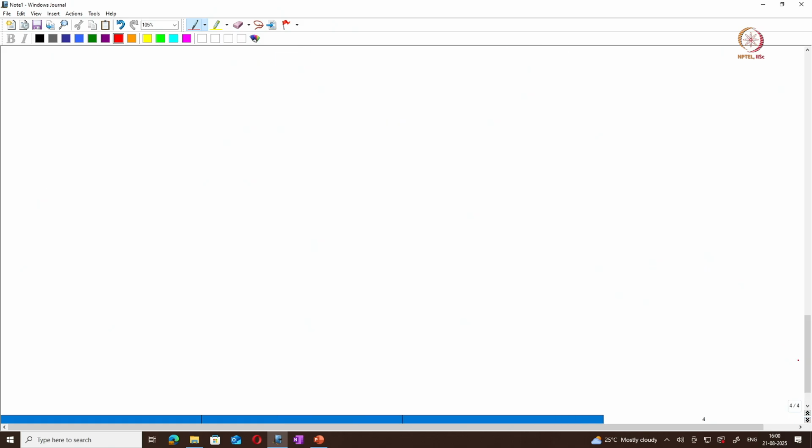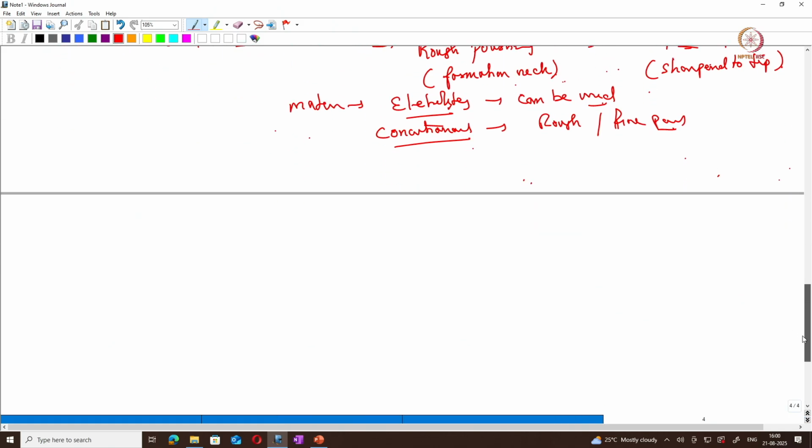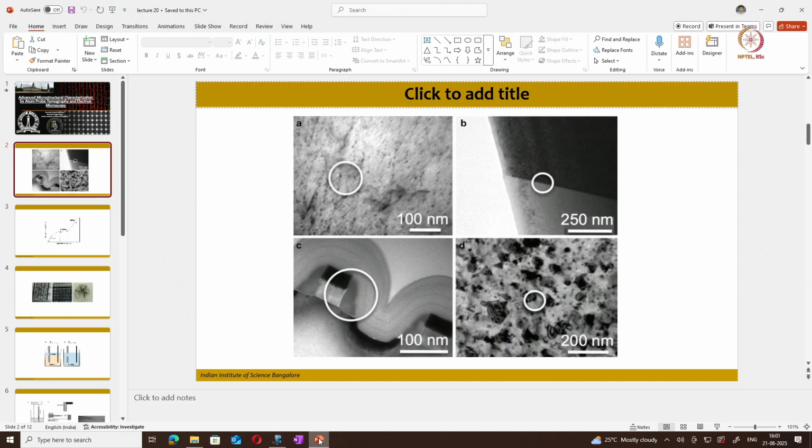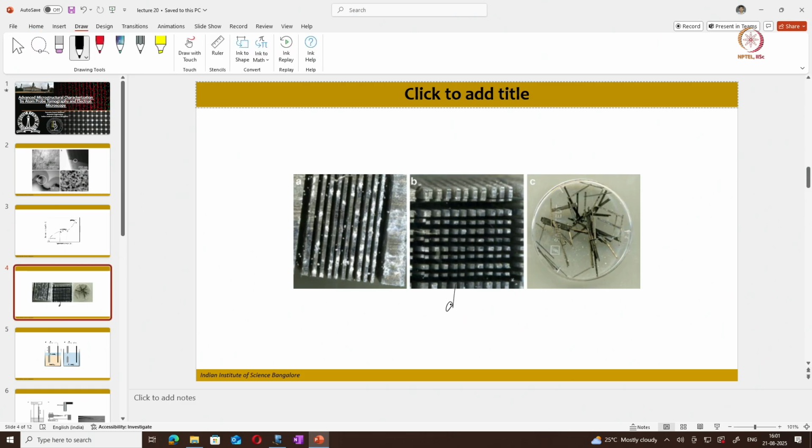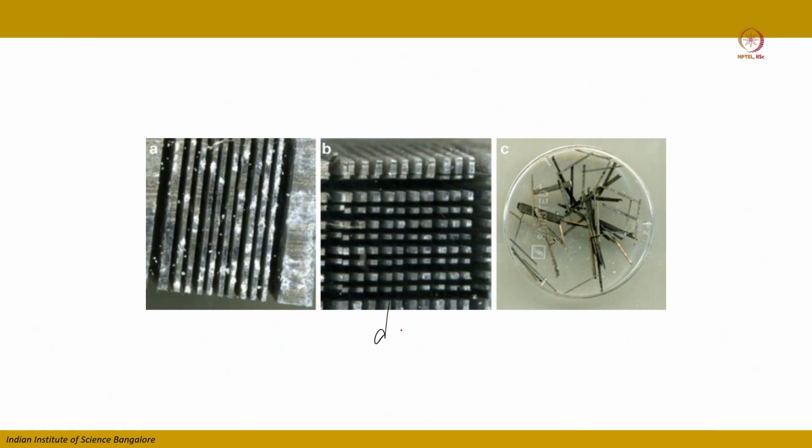Okay, what is this rough polishing? Usually this is called the double layer method. Here, it is showing the blanks which are made from the bulk sample.